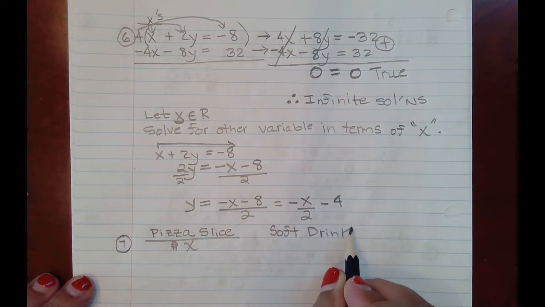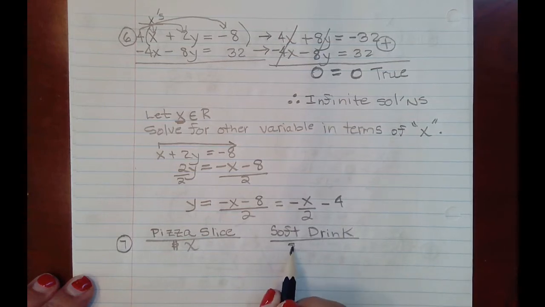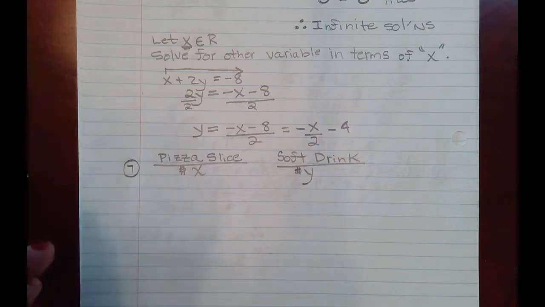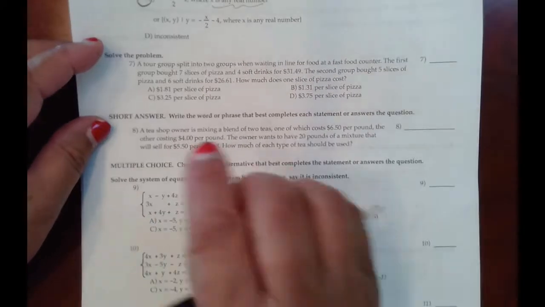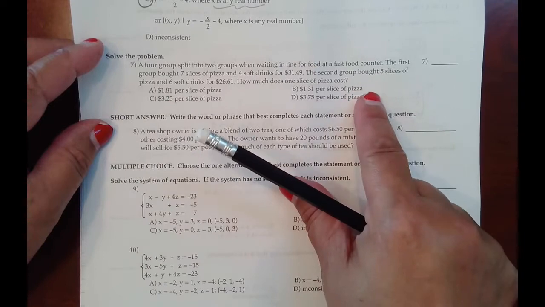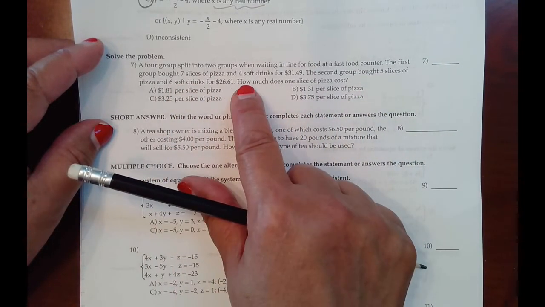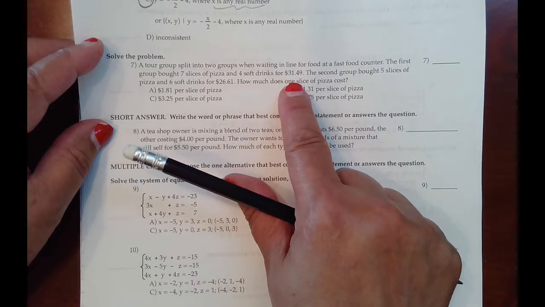We don't know how much that costs either. So I'm representing those to begin with, and then I'm going to go back and take a look at that problem again. Okay, so we have two groups. One group buys 7 slices and 4 soft drinks and pays $31.49.